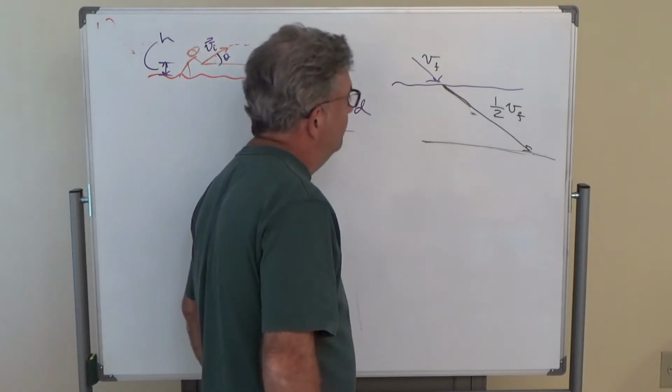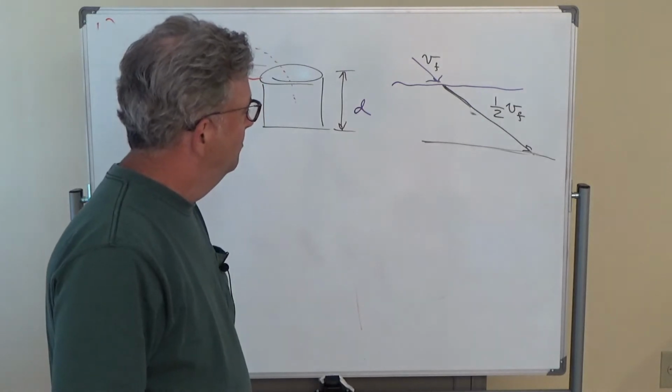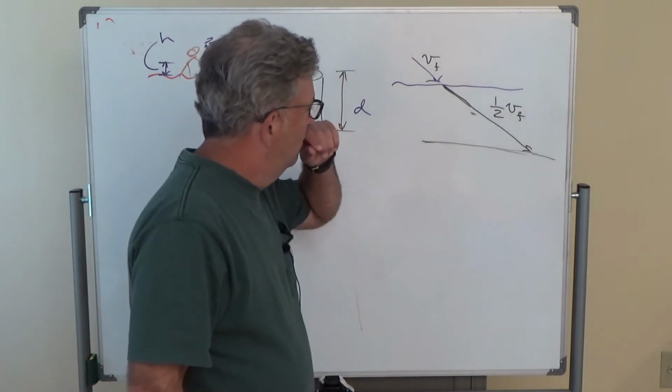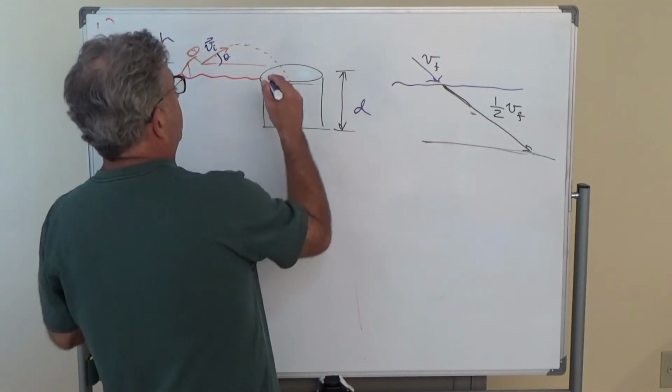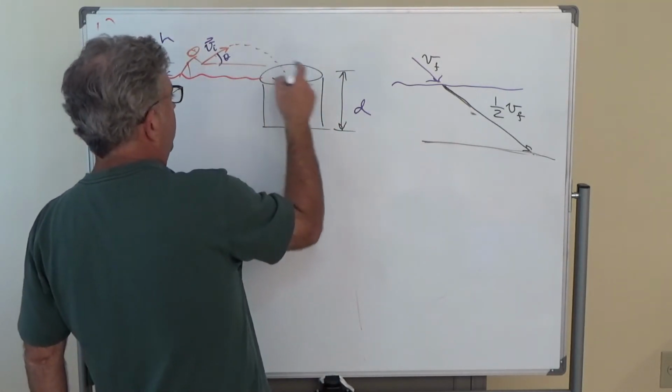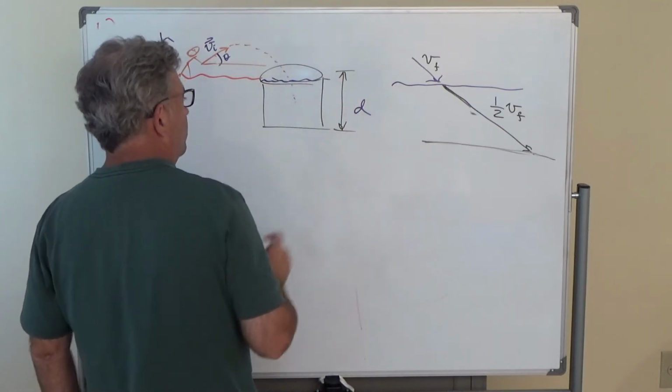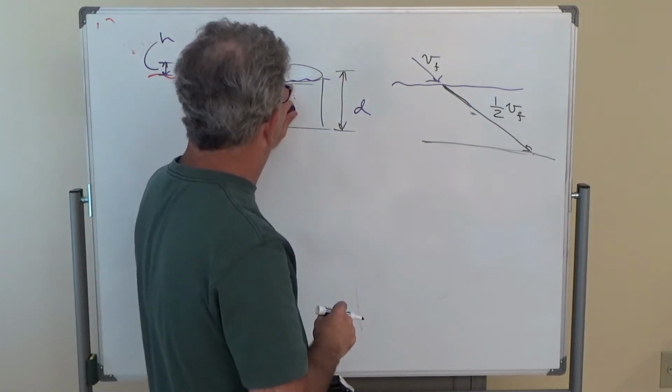Is that drawing to your right? It'll make an impact on the surface of the lake. Yeah, this is the surface of the water. Here's the kid standing. Here's the surface of the water.